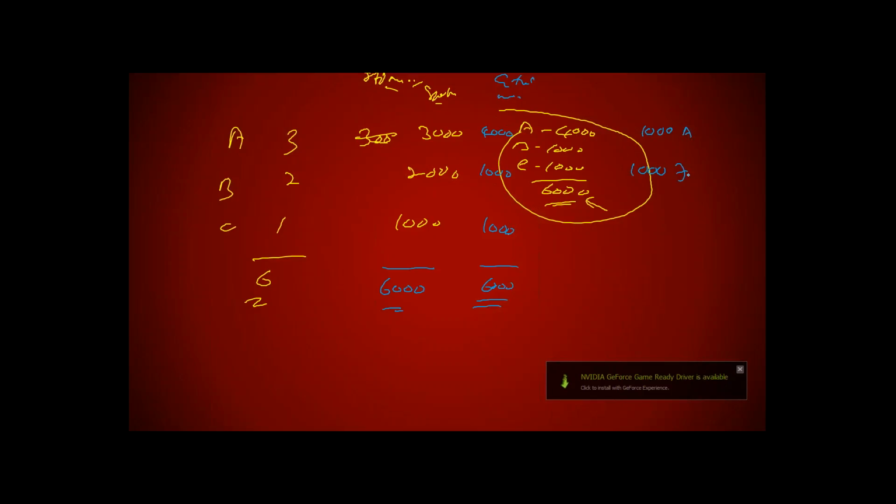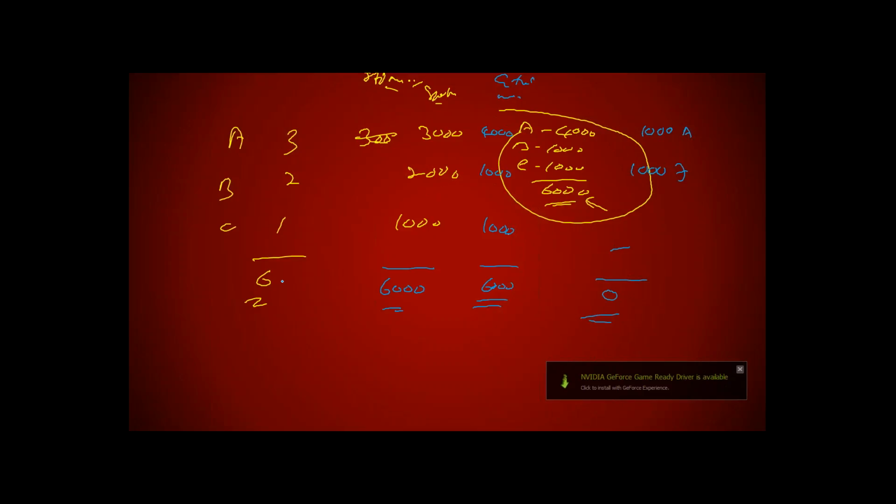What about the C? Equal here, so no variance. So 1,000 adverse, 1,000 favorable. Total variance is 0. Plus 1,000 minus 1,000, the total variance is 0.